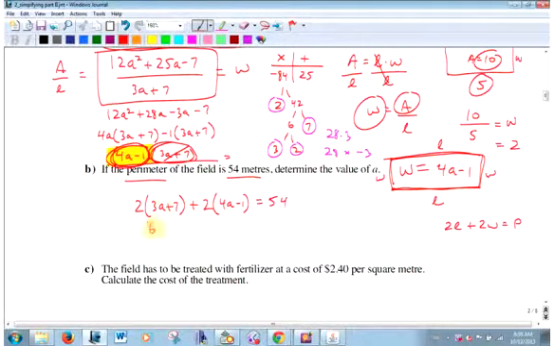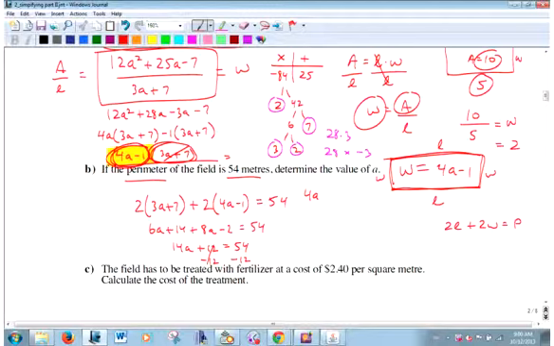Multiply it out. That's 6a plus 14 plus 8a minus 2 is 54. Okay, I got 14a plus 12 is 54. What can I do with that? Minus 12 to both sides.